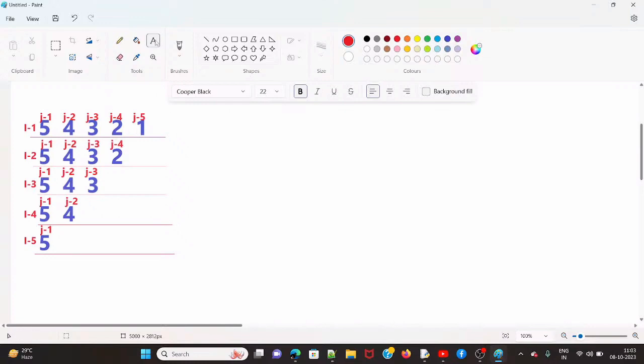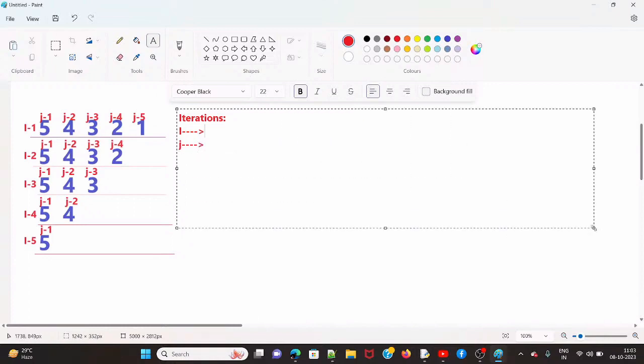Okay, right. So I'm writing the iterations here, all of you. First I, then next to it j. When I iterates one time, how many times does j iterate? 1, 2, 3, 4, 5 times. When I iterates a second time, how many times does j iterate? 1, 2, 3, 4 times.